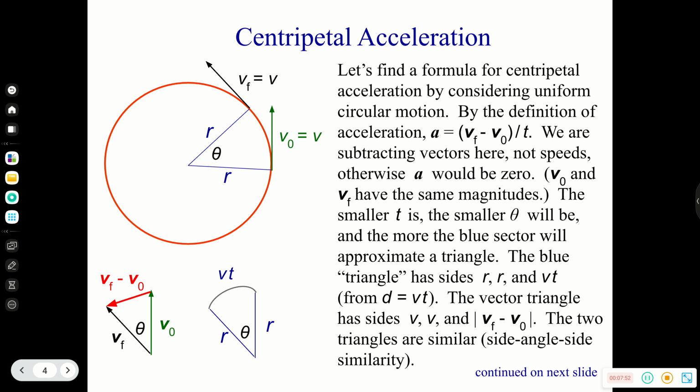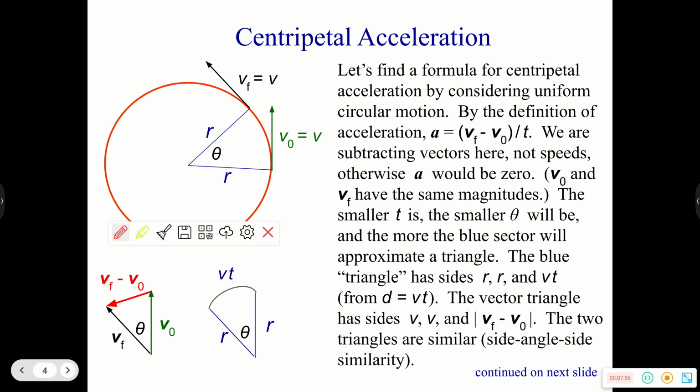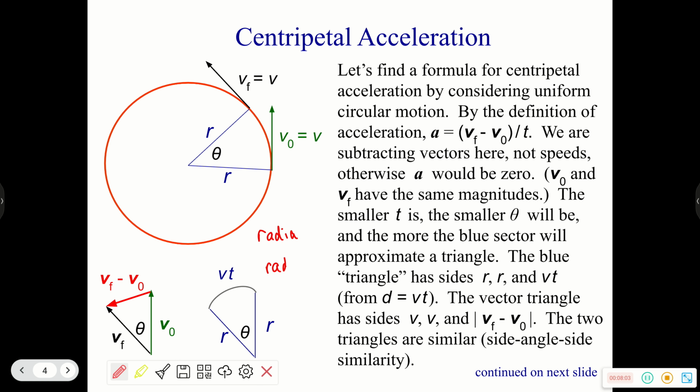Radial should give you a couple words that pop into your head: either radians or radius. And that's the big part here.